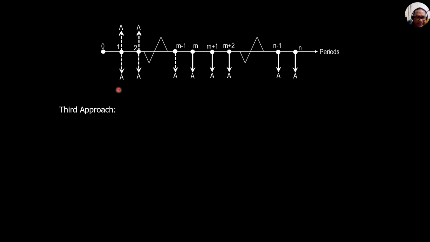But since we added these A's here, which is supposedly empty, then we should counter them by putting A upward up to here, right? So it's like two ordinary annuities cash flow diagram. One is complete, then the other one is up to m minus 1 only.